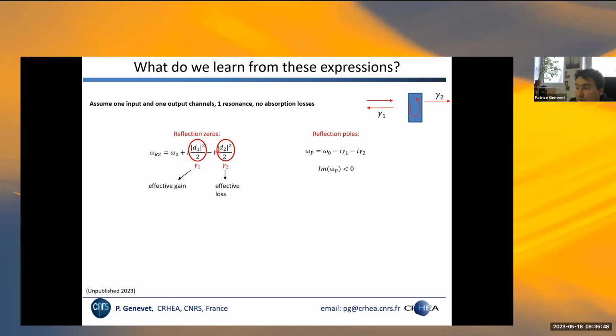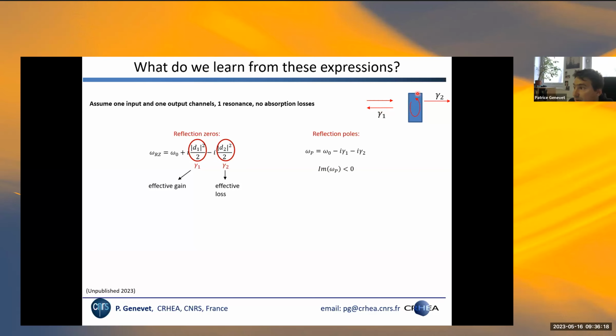And so we can write the expression for the reflection zeros and the reflection poles here, which comes with a very simple expression. And you see now the zeros appear with plus and minus terms, while for the poles, the imaginary part is always negative. It comes from causality considerations. But for the zeros, you could find a regime for which D1 and D2 are equal, which is when gamma 1 and gamma 2 are equal, when the system radiates as much light forward and backward.